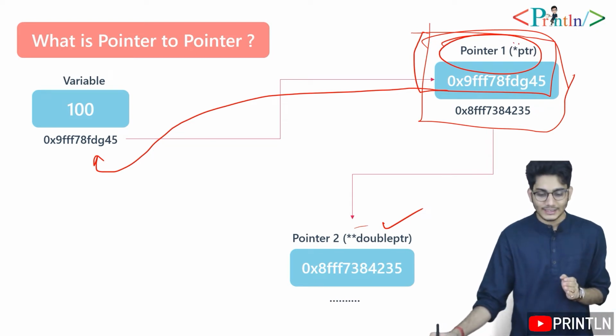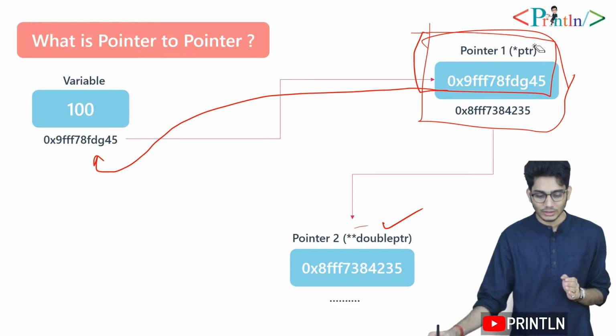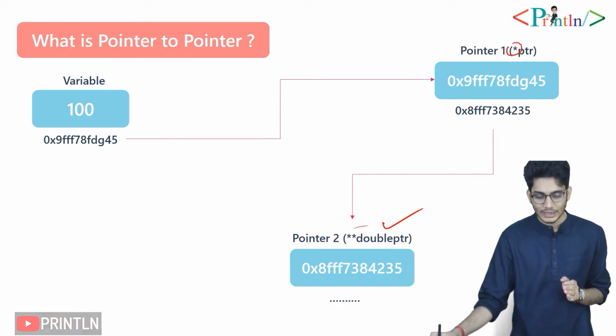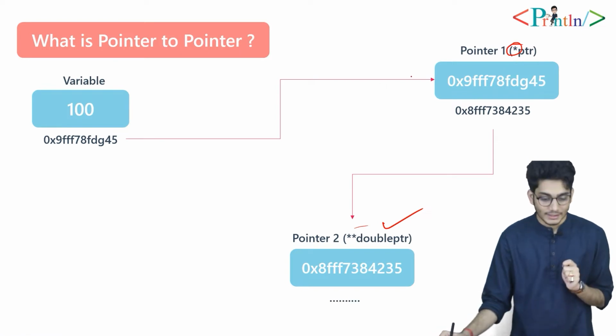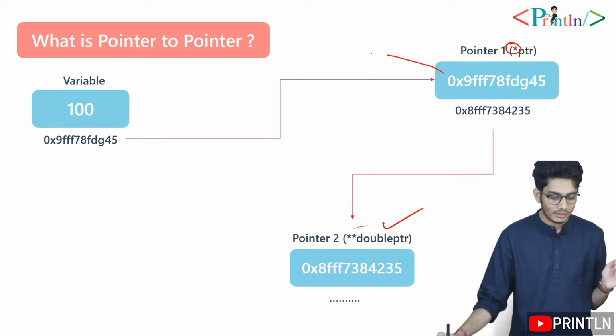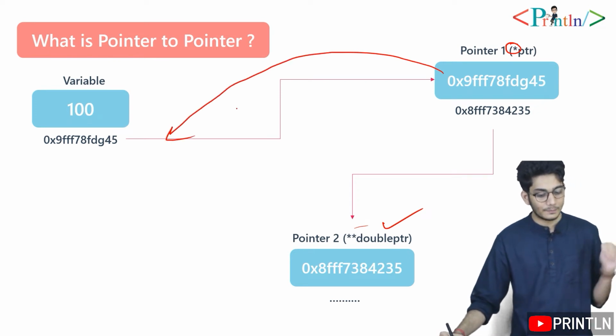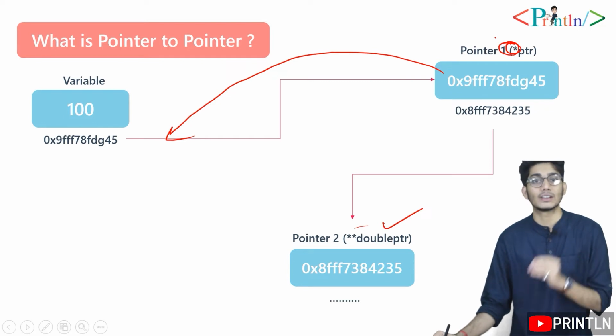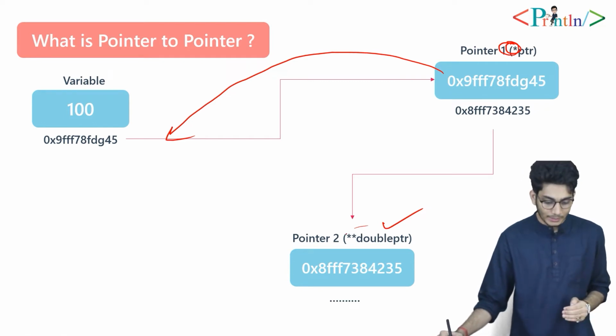Let me remove all these things. You can see that in this case we have a single star. A single star means it can only go one step back, so it will only store the address of a variable. Now what does a double pointer mean? We declare a double pointer using star star.